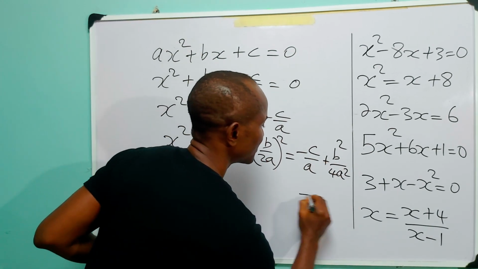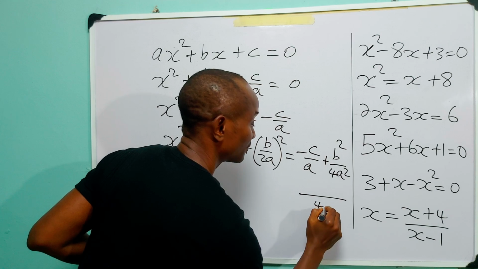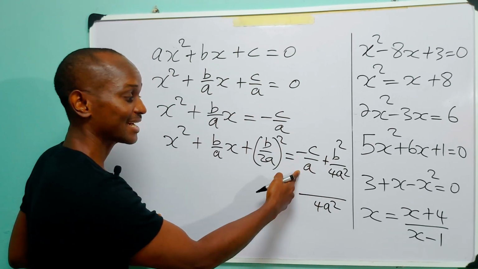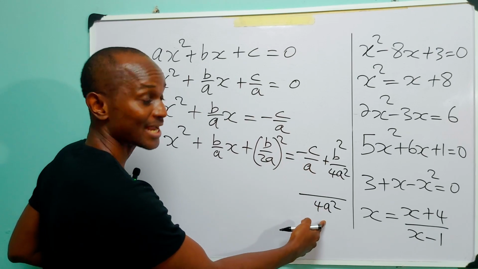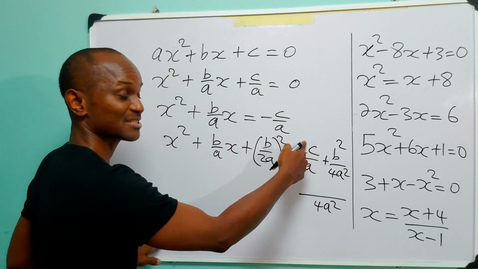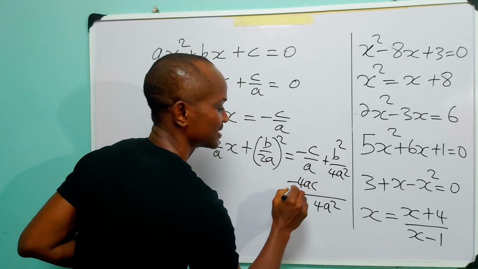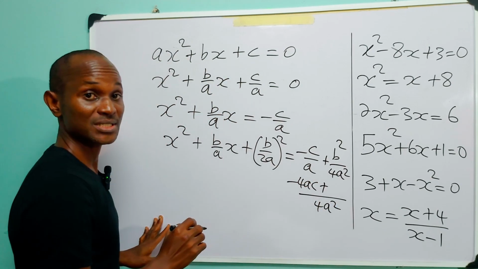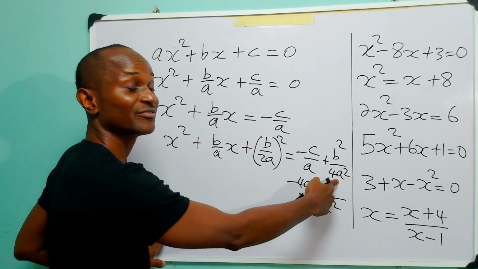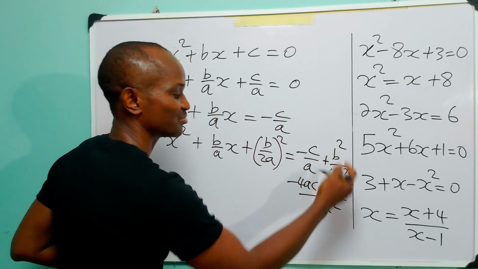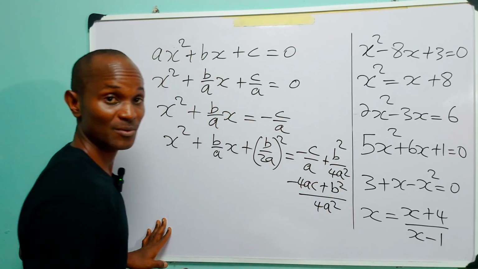Now here we can take the LCM, and the LCM is 4a squared. 4a squared divided by a is 4a. 4a times minus c is minus 4ac. Now you have plus 4a squared divided by 4a squared is 1. 1 times b squared is b squared.